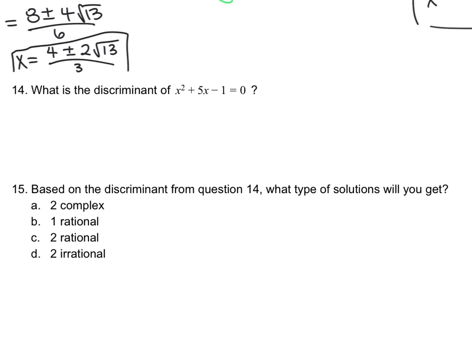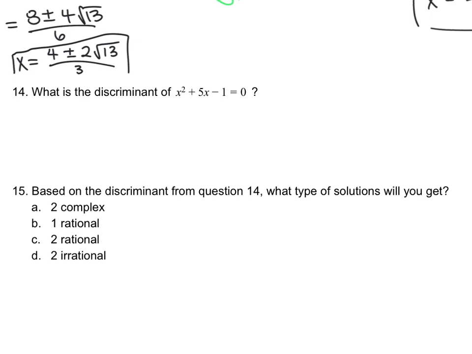Number 14 asks us what the discriminant of the quadratic x squared plus 5x minus 1 equals 0 is. Remember, the discriminant is the b squared minus 4ac from the quadratic formula, and it tells us what types of solutions we're going to get from the quadratic without solving it.